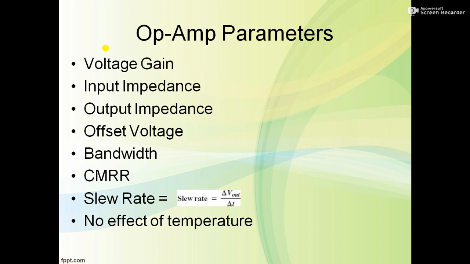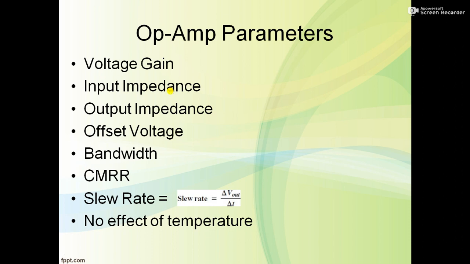Then the second one is input impedance. In the ideal op-amp, whatever two voltages we are applying to the negative and positive terminals of the op-amp, the currents on both sides are equal to 0.